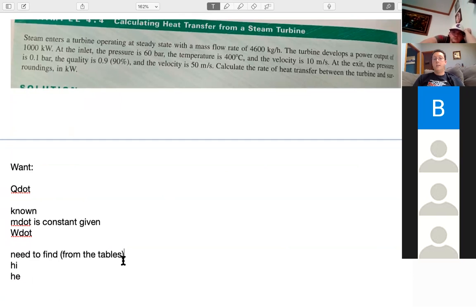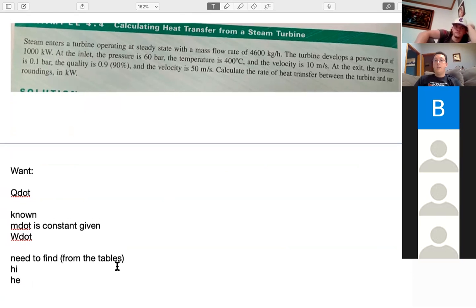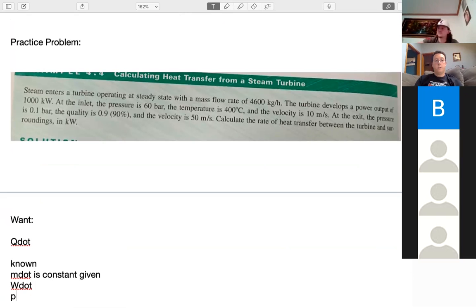So to do this, you have to look them up from the tables. You need to have two properties at each state, in the input and the output. Well, at each one of them, we have two properties. We know pressure in and temp in.